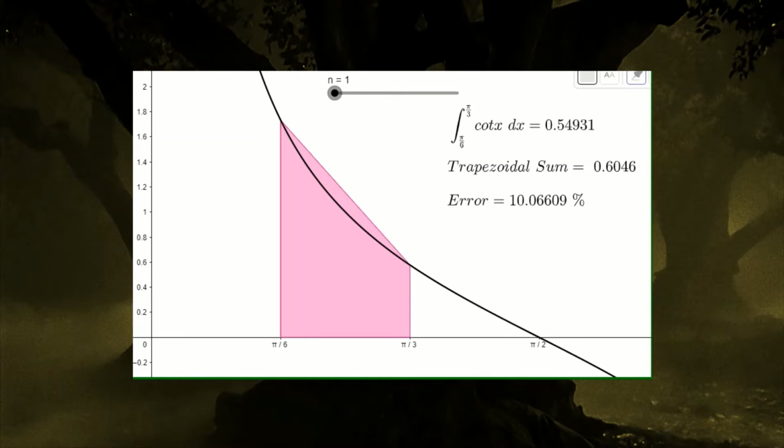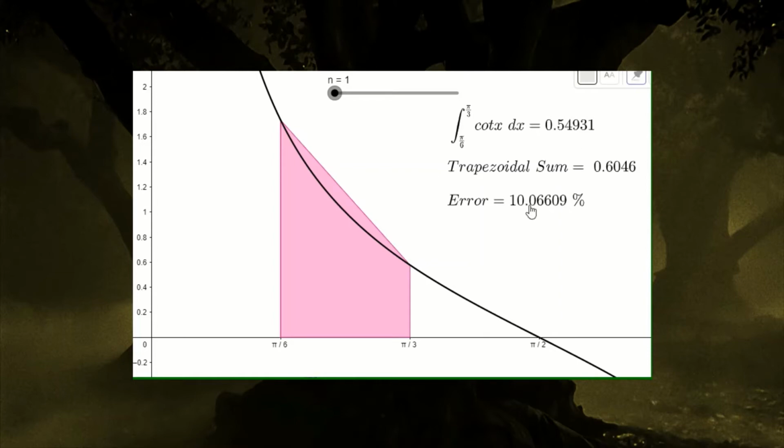What we've got here is the curve y equals cot x. This is the black curve here. And the exact answer, which we've already calculated, that's the integral from pi over 6 to pi over 3 of cot x with respect to x. This is the answer, natural log of the square root of 3 given to 5 decimal places. So this is correct to 5 decimal places.